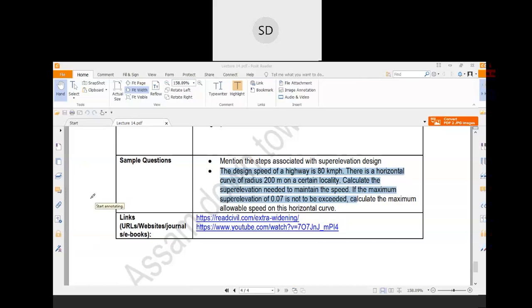The first step would be: if you directly want to use kilometer per hour, E equal to V square by 225 R. From here you have to find out the value of E. This is your step one.